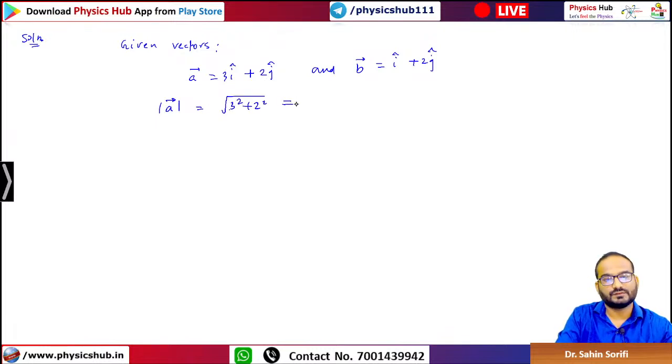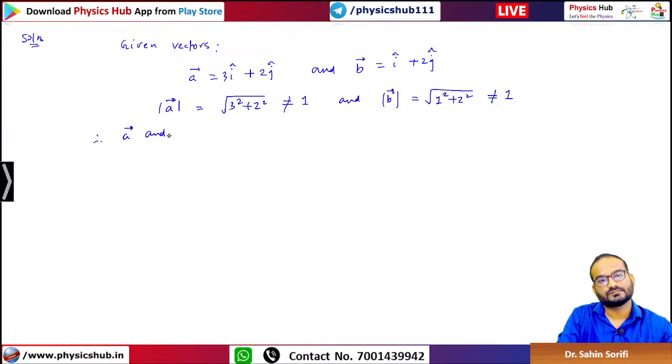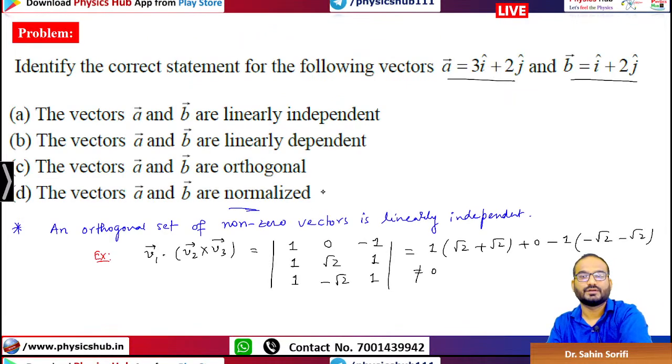Obviously this is not equal to 1, so A is not normalized. And for B, this is root over 1 square plus 2 square. This is also not equal to 1. So A, B are not normalized. So the fourth option is incorrect.